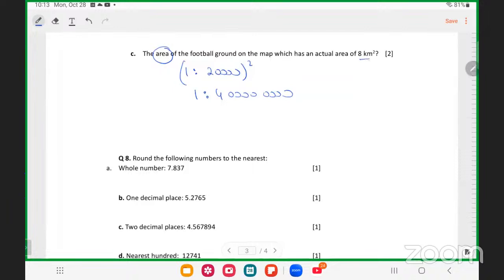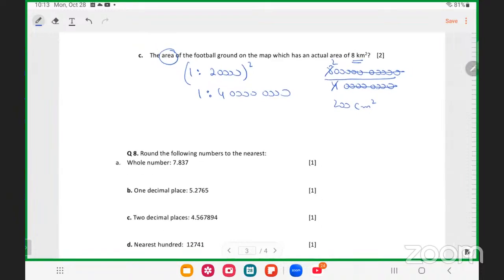So 8 kilometer square, when converted to centimeter square, is 8 and 10 zeros. If I divide by the scale, that is 4 and 8 zeros. So 8 zeros will cancel off here. It is 200 centimeters square.